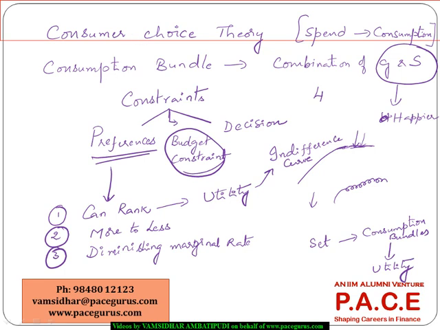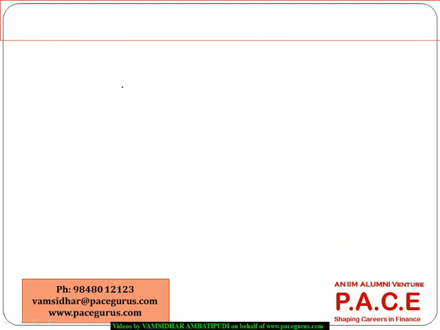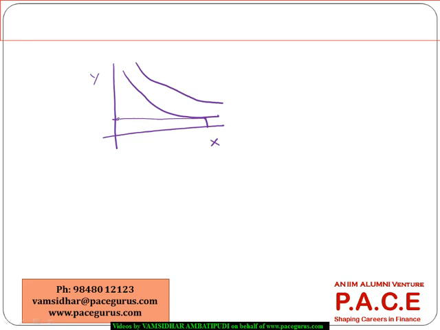So probably if I have to draw some indifference curves between a good X and a good Y, I can draw it something like this. Having this much of X and this much of Y, or probably this much quantity of X and this much quantity of Y, the consumer is really indifferent between them.